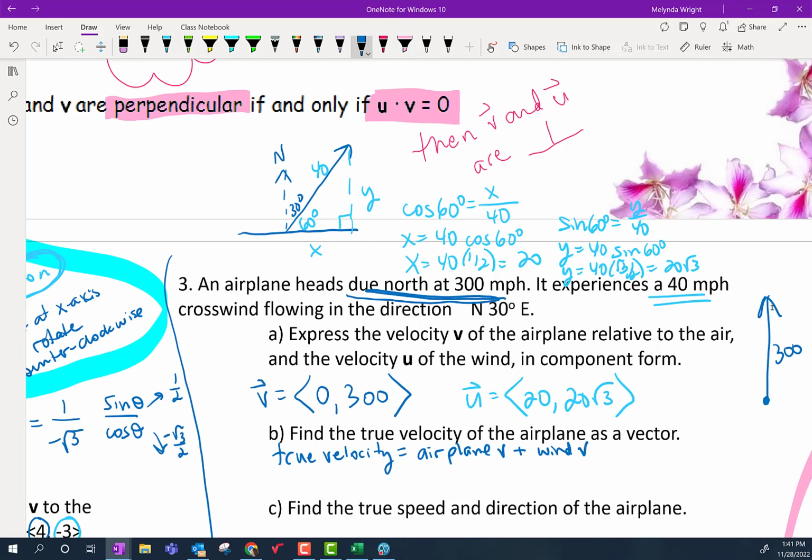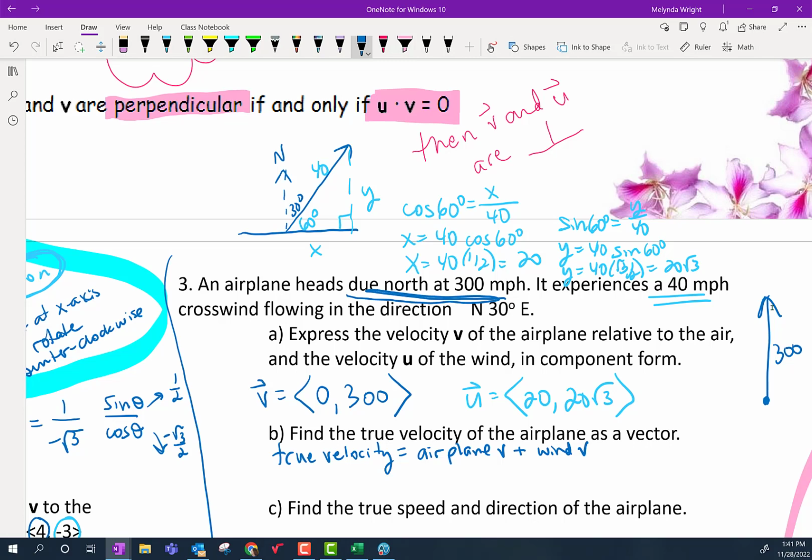Just add them together. If we're doing boats, because they like doing those too, it would be boat velocity plus, what do you think affects a boat? Currents, exactly. It would be boat velocity plus current velocity if we're doing boats. Those are the two main ones, airplanes and boats.